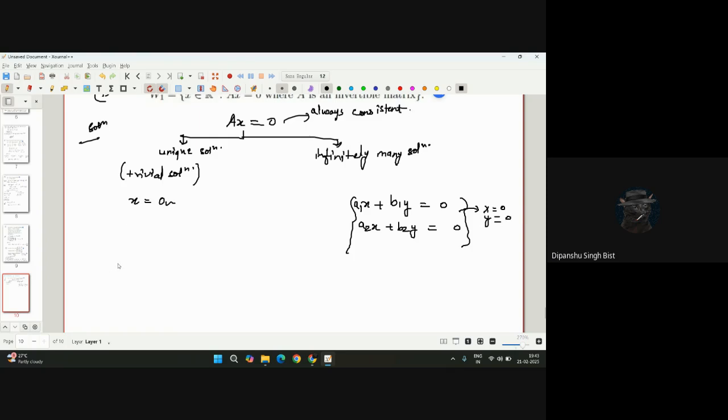Again, we say Ax equal to 0. This is a general case, with A as a square matrix. So what if A is a square matrix?